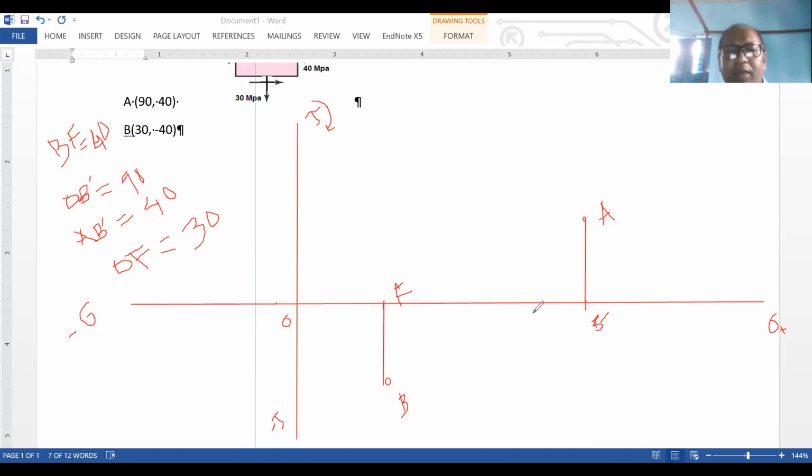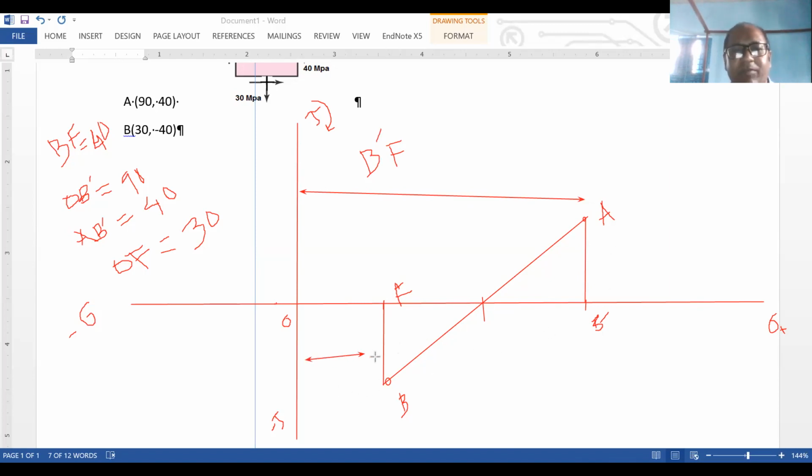Now how will you draw the circle? You just join from here to the point. So this point will be your center, and you can easily figure out the center. What is this distance, B prime F? How can I figure out this distance? You see the distance from here to here, how much? Sigma x.